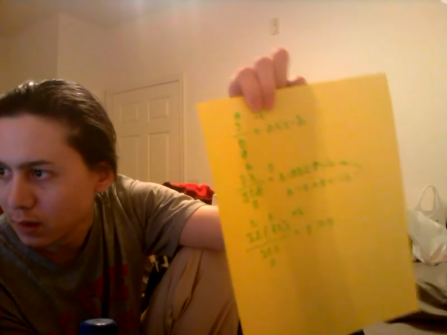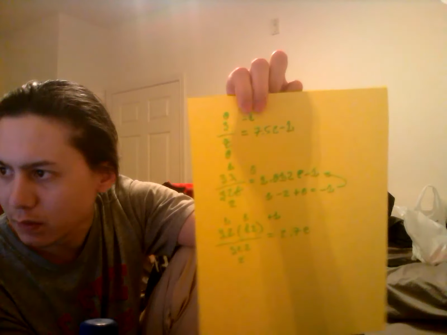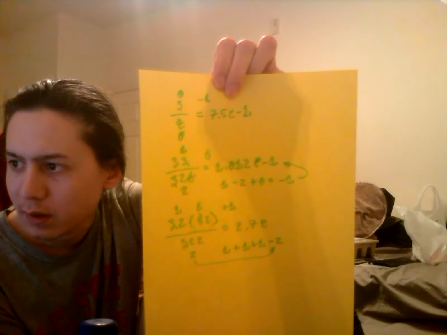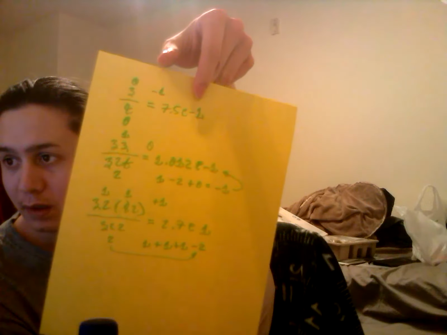Alright, so in the end, the additions would look like 1 plus 1 plus 1 minus 2. So that's 3 minus 2, that's 1. 2.7e1 is the answer for that.